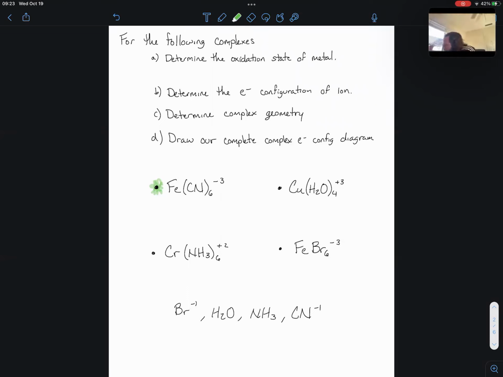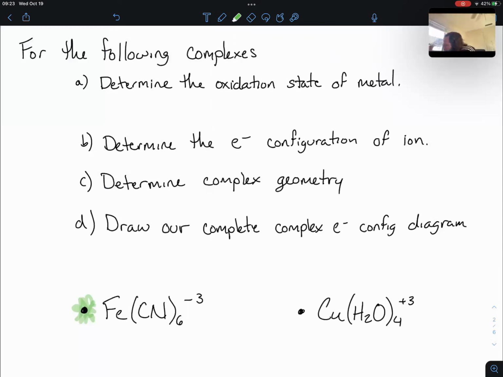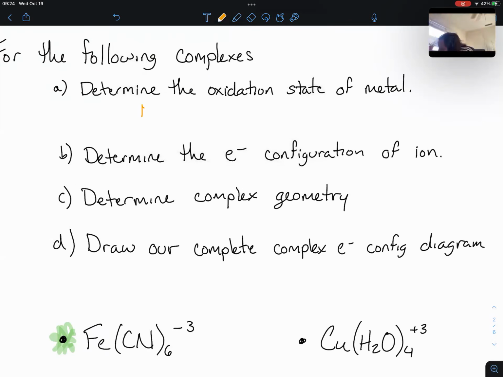All right, and so when we're determining the oxidation state, let's say that we have a complex, a metal ion and some number of ligands, that gives us this charge. The overall net charge is going to be the oxidation state of that metal, plus the number of ligands times the charge on the ligand. That's going to give us the overall net charge of the complex.